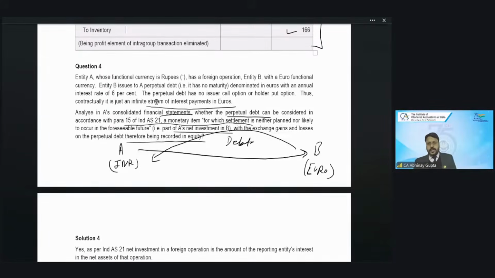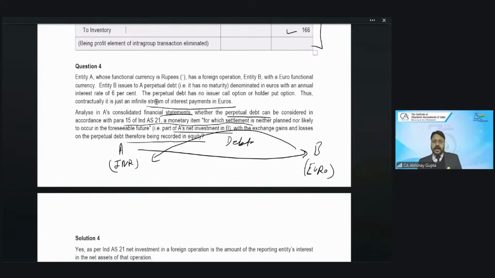Now, because the interest payments are happening, can they be regarded as a net investment? This debt is regarded as a net investment in that case. Why?